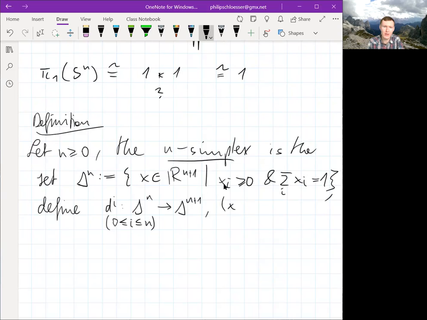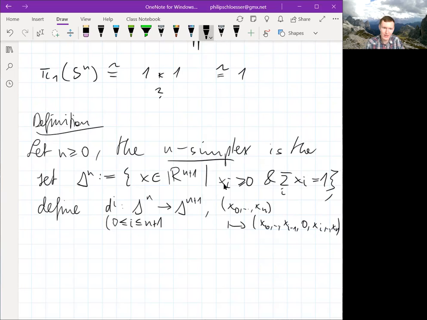It is just the map that maps x0 to xn to x0 to xi minus 1, then inserts a 0, and then xi going to xn. So this basically splits our coordinates in two, moves the right part one space over, and inserts a 0 at that point.